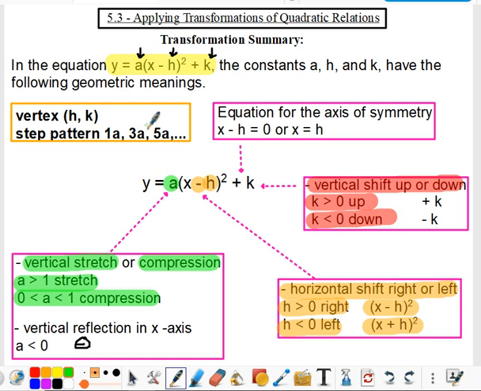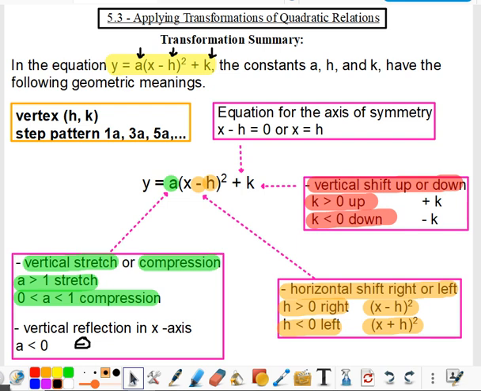So when it comes to graphing quadratics, vertex form is exactly what we want because we can pull out all the information and graph it. And of course, the x value of the vertex is in fact the axis of symmetry, which means our h value represents our equation of the axis of symmetry. So you can see a lot of overlap here from all the quadratics work we've done, and now we're going to focus in on applying transformations.